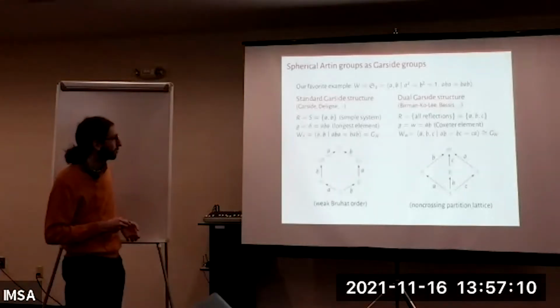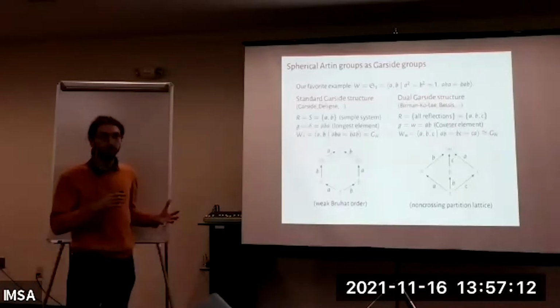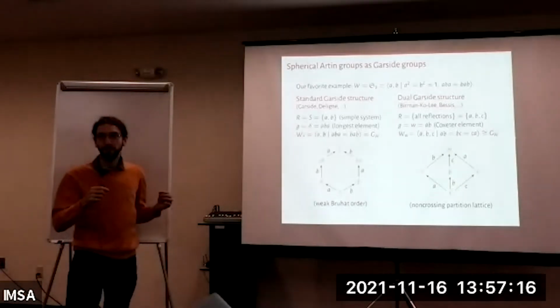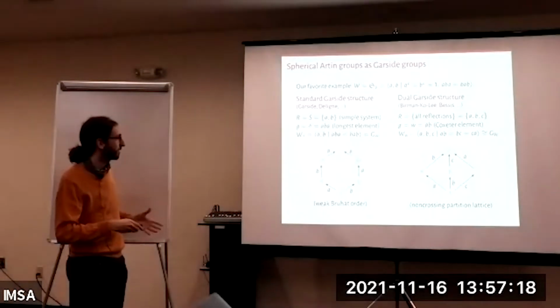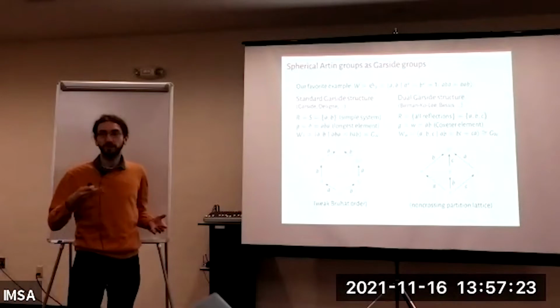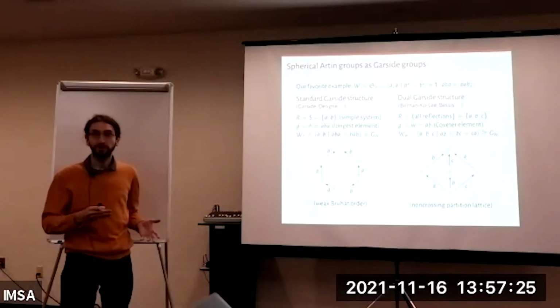So you take a finite Coxeter group, you take a set of simple reflections S, okay, and you construct the Cayley graph. You take the interval group. This is the corresponding spherical Artin group.